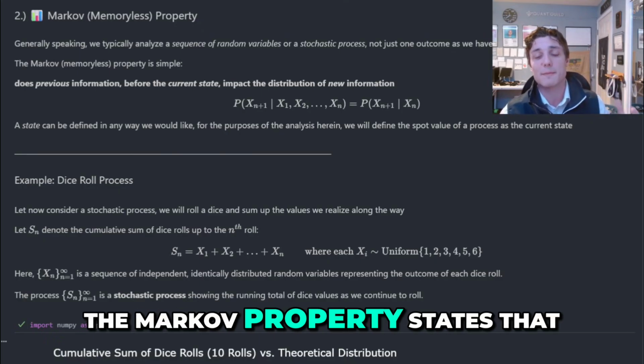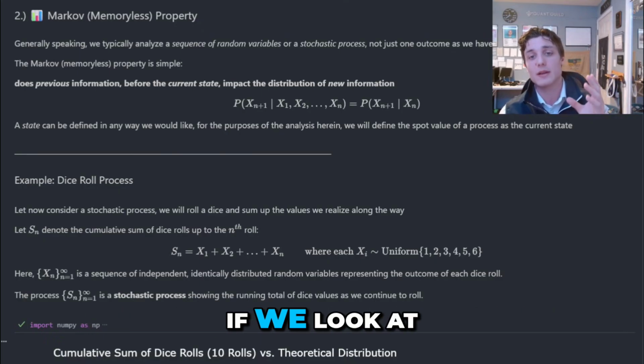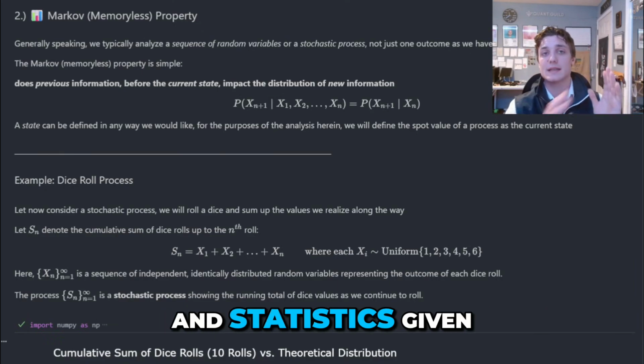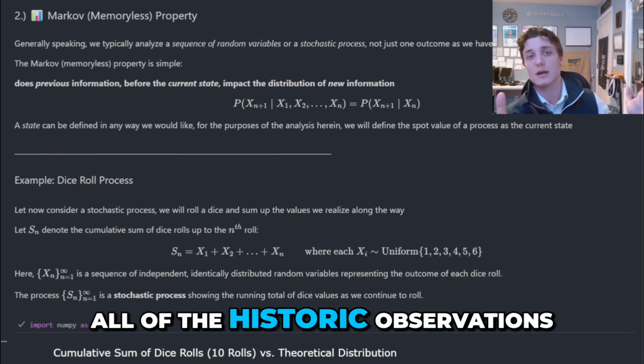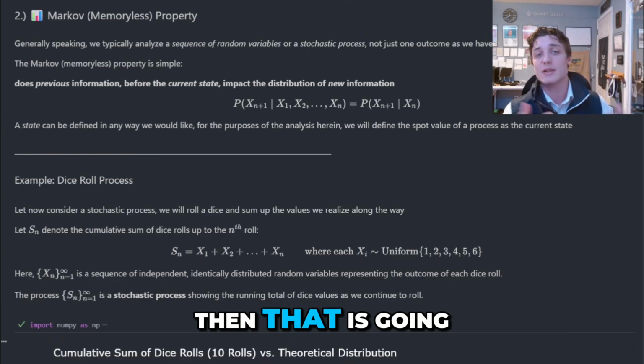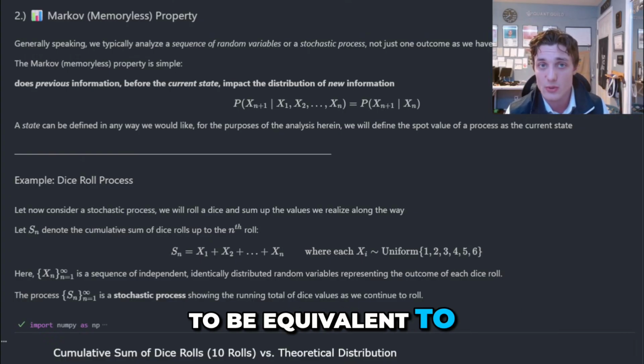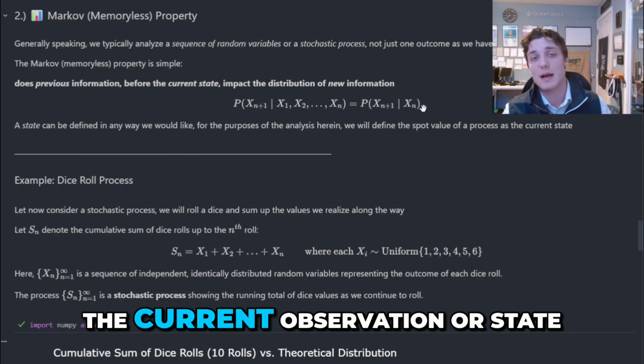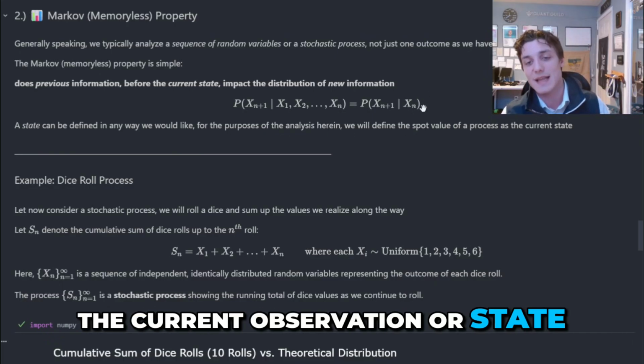The Markov property states that if we look at the conditional distribution given all of the historic observations, then that is going to be equivalent to the conditional distribution just given the current observation or state.